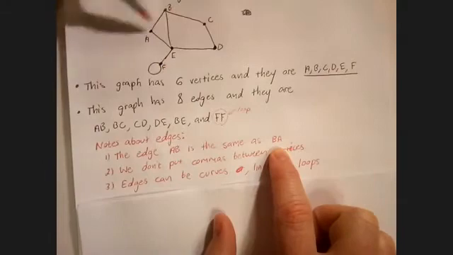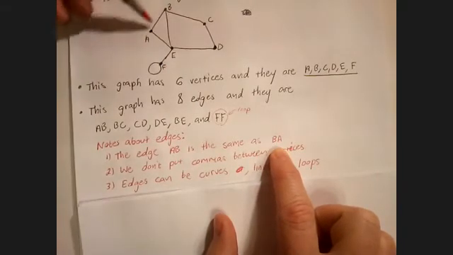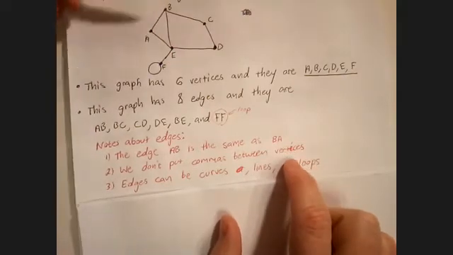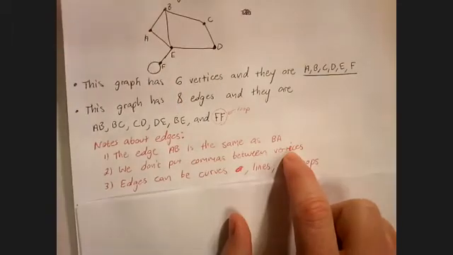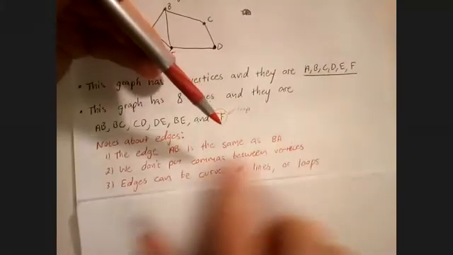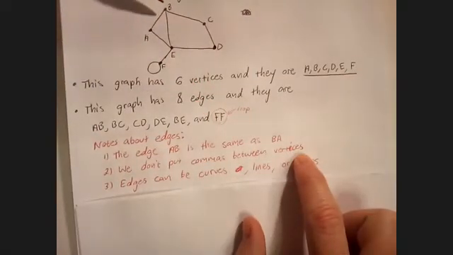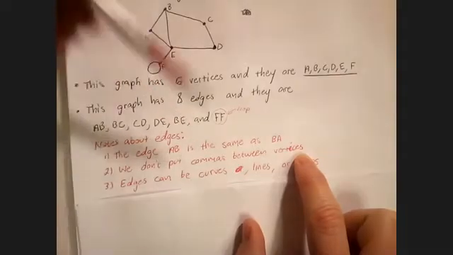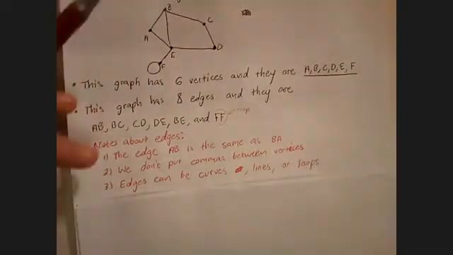As long as I write the 2 vertices that connect together, that is an edge. So AB is BA. And for edges, we don't put commas between the vertices. I wouldn't say A comma B. I only use commas to space out all of my vertices when listing them.